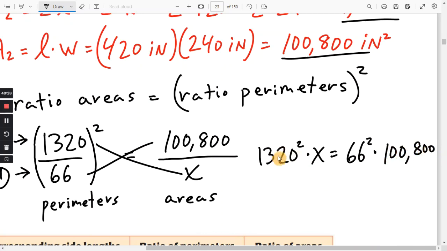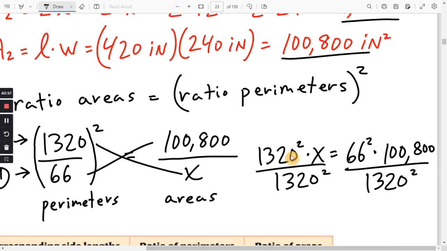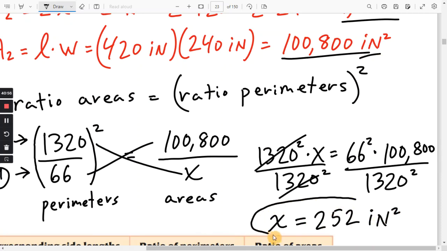Okay, dividing both sides by 1320 squared. And it cancels here. Do this mess on the calculator to solve for x. And I get x equals 252. The units were in square inches. So I was surprised it worked out to a number without a decimal, but that is the final answer.